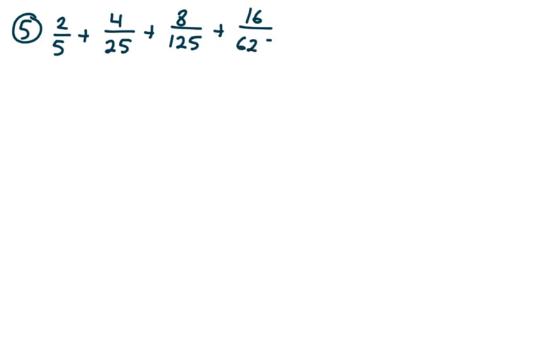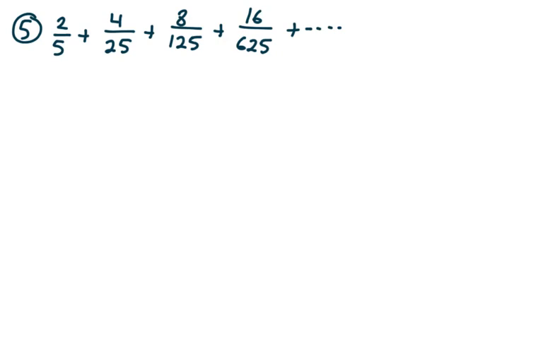So suppose we had this. Suppose we had 2/5 plus 4 over 25 plus 8 over 125 plus 16 over 625, and we keep going.